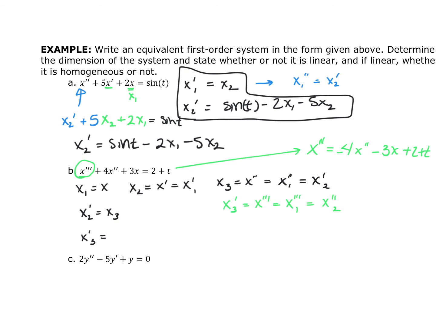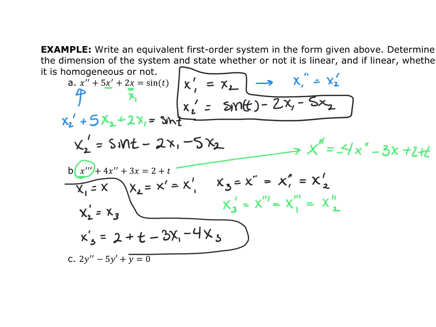That gives us x sub 3 prime is equal to 2 plus t minus 3x, which is x sub 1, so 3x sub 1, and then minus the 4x double prime, which was x sub 3. So minus 4x sub 3. And so I have linear, because all of my x's are linear. It is not homogeneous because we talked about that before. It was a t, and it's a dimension 3 because I need these three equations.